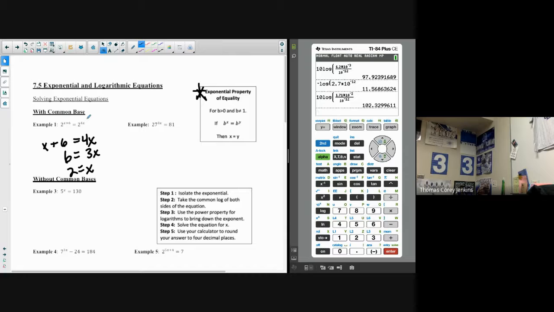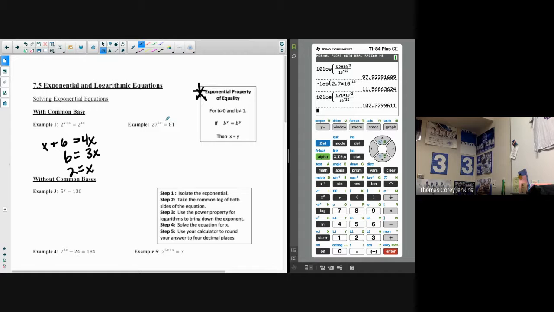All right, the next one's a little bit trickier. It says 27 to the 3x equals 81. In this case, we do not have a common base, but we do have the ability to rewrite in the form of a common base. We know that 3 to some power equals 27, and 3 to some power equals 81.